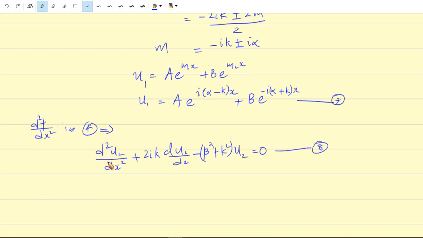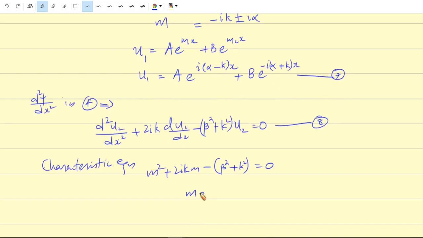For the characteristic equation, m square plus 2ikm minus beta square plus k square minus of beta square plus k square is equal to 0. Therefore the solution of this quadratic equation, m is equal to minus 2ik plus or minus root of minus 4k square plus 4 into beta square plus k square, divided by 2.